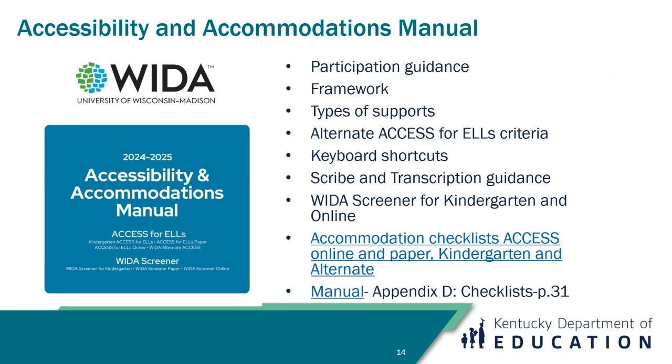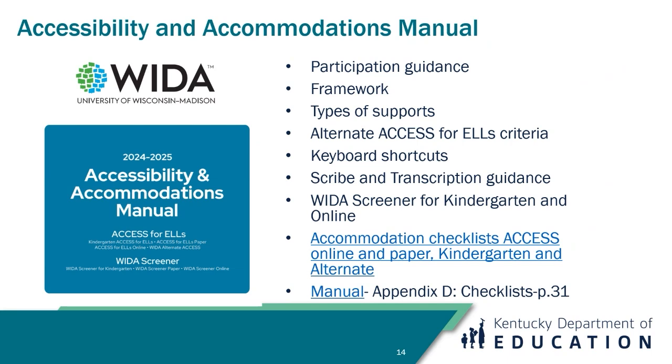Because that's the only way that you can have accommodations on our screeners or on our assessments with ACCESS. And then, like I said, make sure that you're using those accommodations.